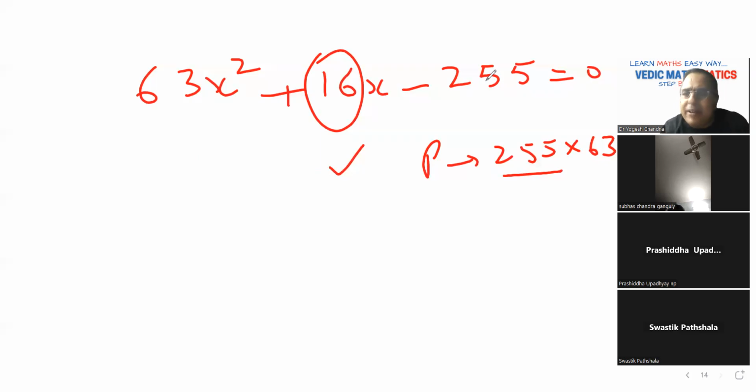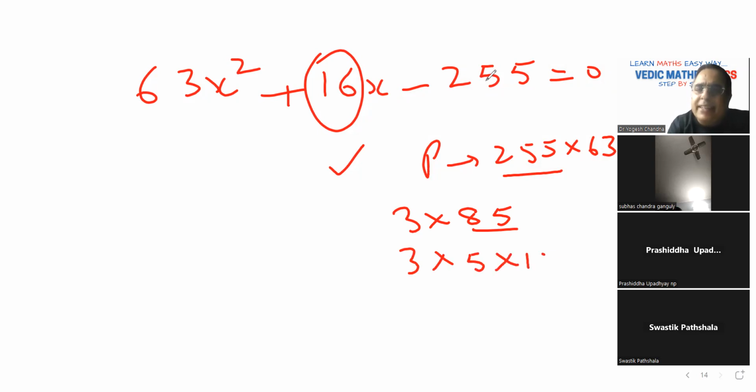It won't go by 2, so 3 into 85. Further, if I observe 85, 5 into 17. Yes, clear.